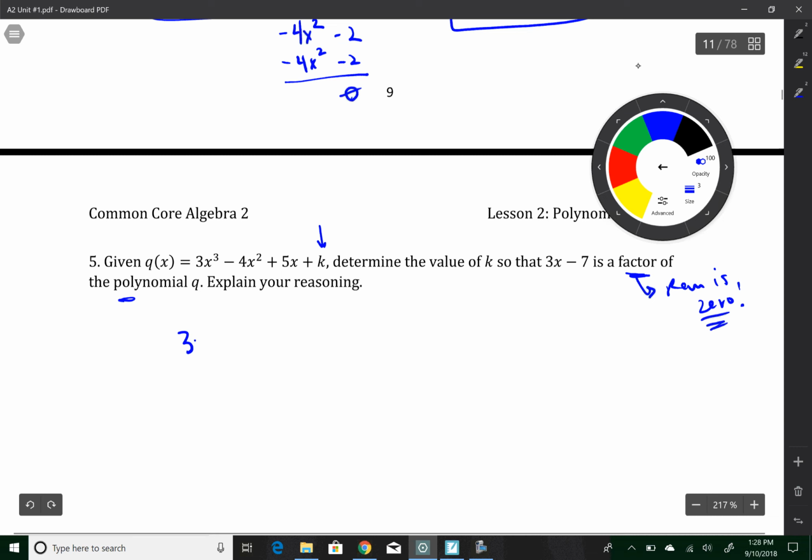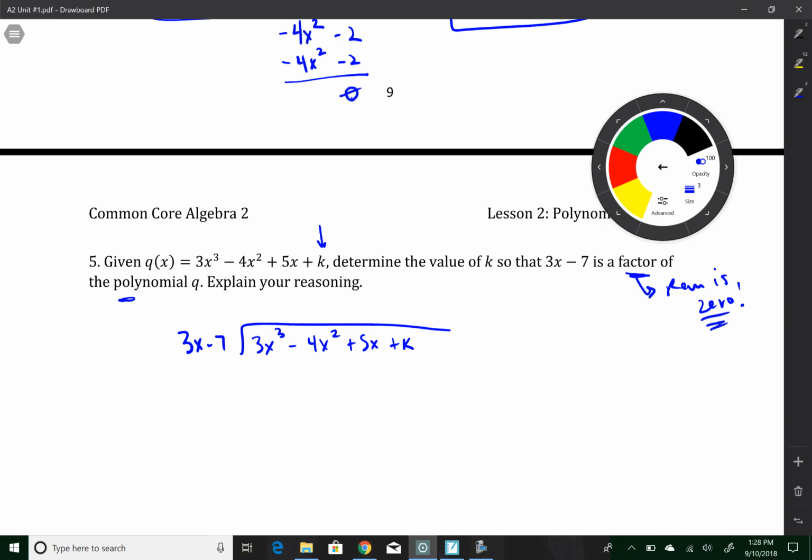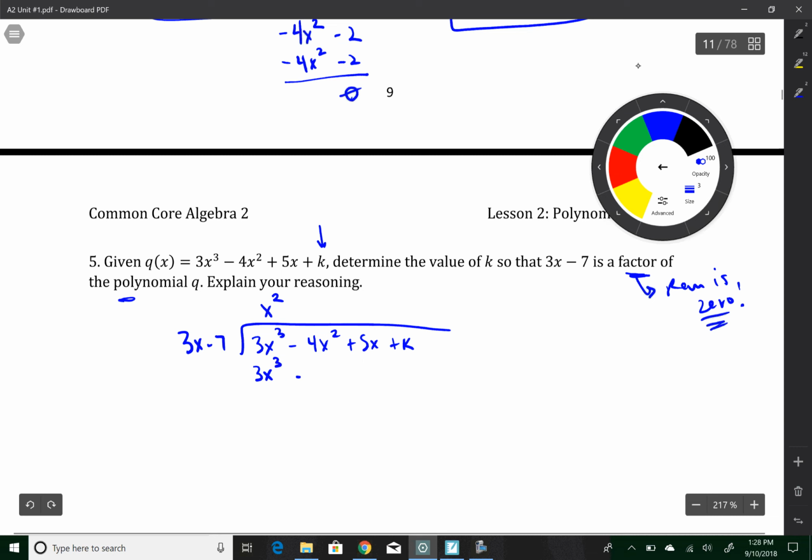So if I divide 3x minus 7 into this polynomial, I'm going to leave k as k. I'm just going to do my long division as normal, and then we'll get down to a point where I know exactly what I need to make k. So 3x cubed, I want to multiply here as x squared to make 3x cubed, because 3x times x squared makes 3x cubed, minus 7x squared.